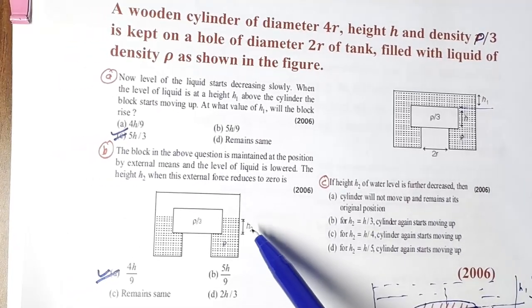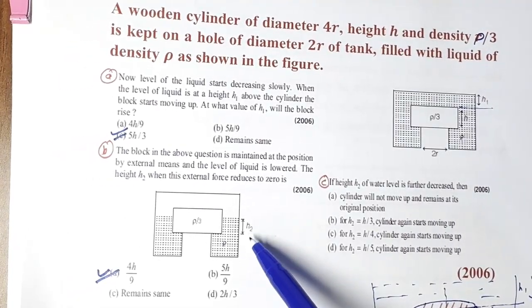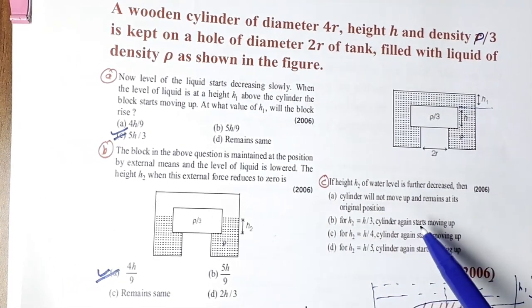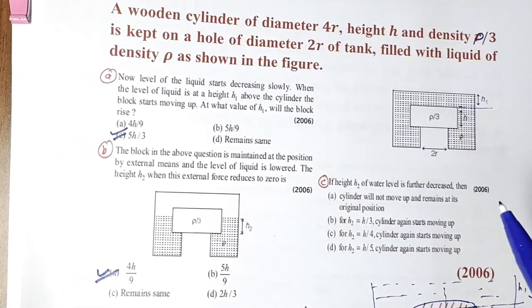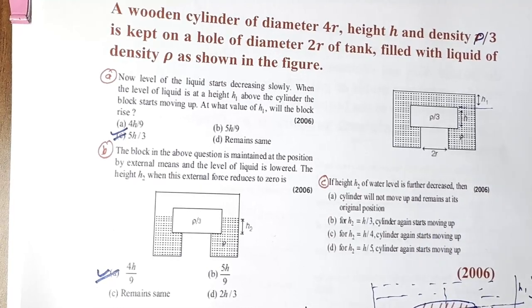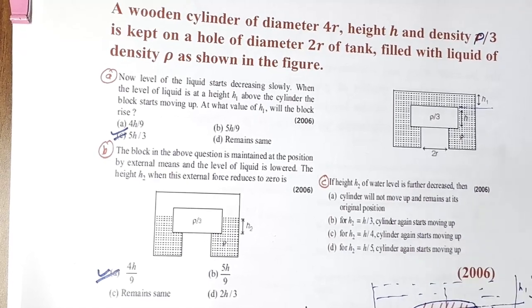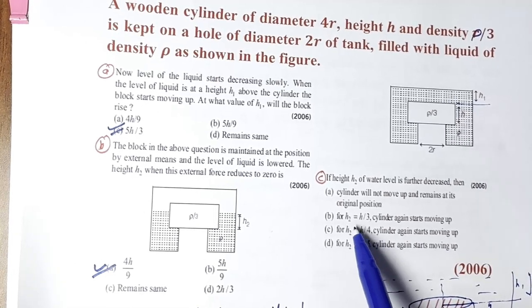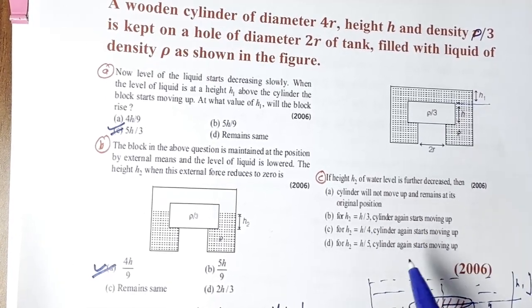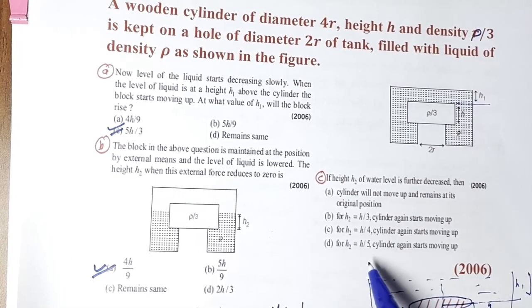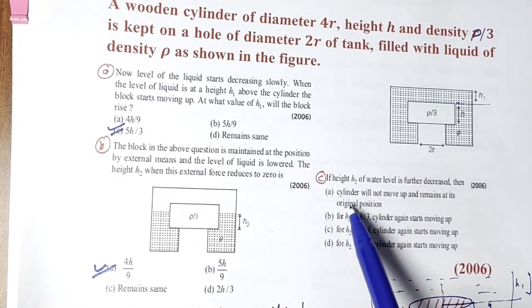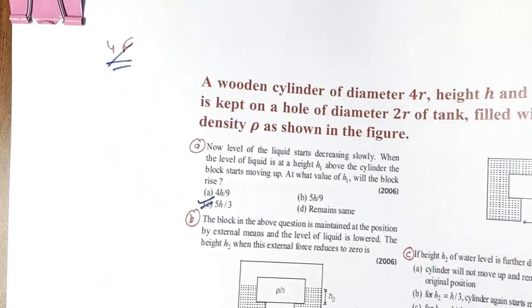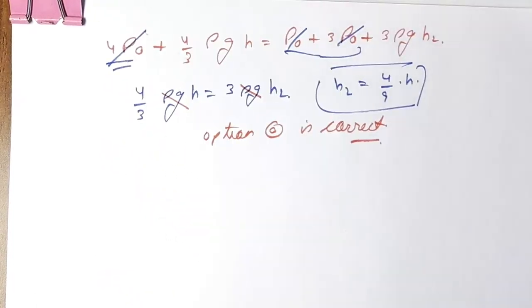So it means if we further reduce the height below this level H2, then we have to find out what will be the position of our cylinder, whether it is going to move up, move down, or remain the same. And if it is going to move up or down, we have to find out that particular value of H2. Okay, that is H by 3, H by 4 or H by 5. Or the option is it is going to remain at the original position.